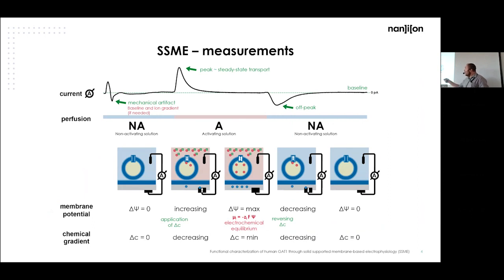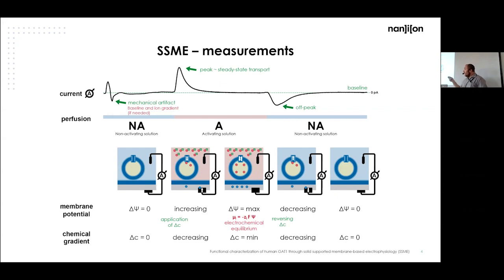So we start by perfusing a non-activating solution that doesn't contain the main substrate. And this is important because basically we get rid of the mechanical artifact that is generated by just the fluidics going into action. And we also get the baseline.